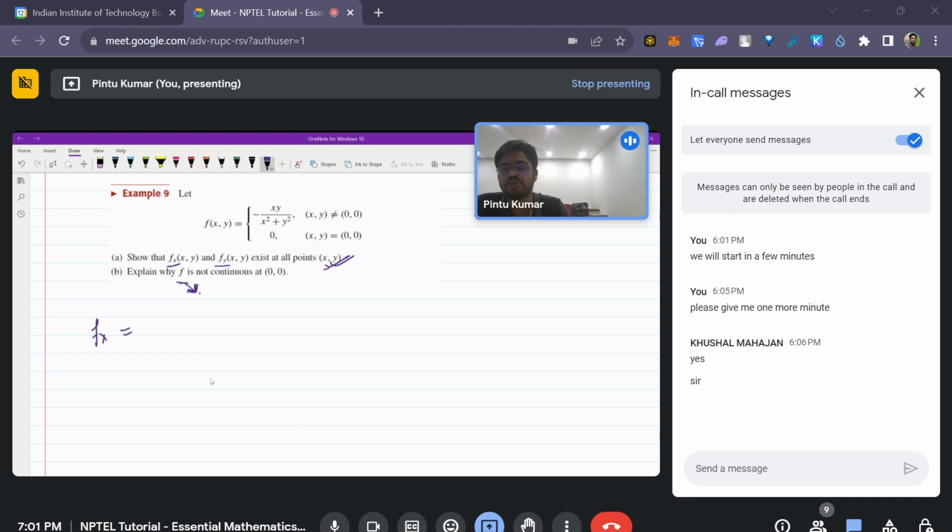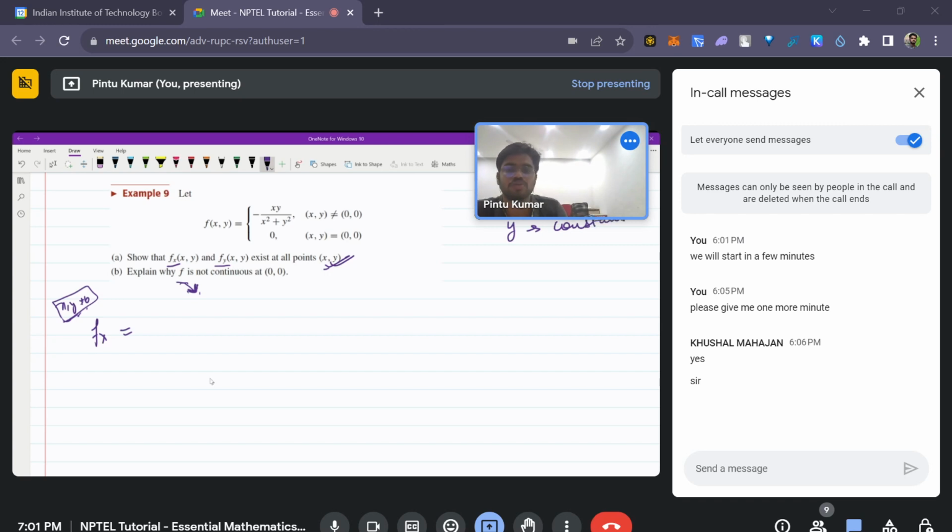If you use the quotient rule, let's say my x and y right now are not equal to 0. Okay. For other cases, let's see what happens over here. So this derivative would be, now I have to treat y as a constant.